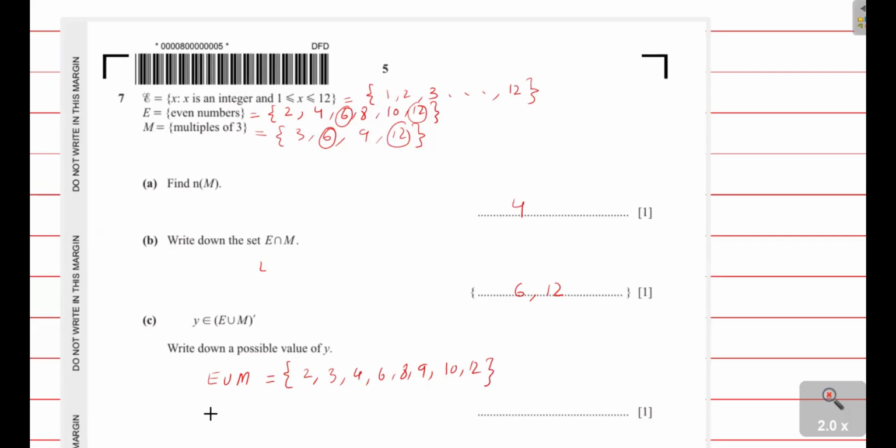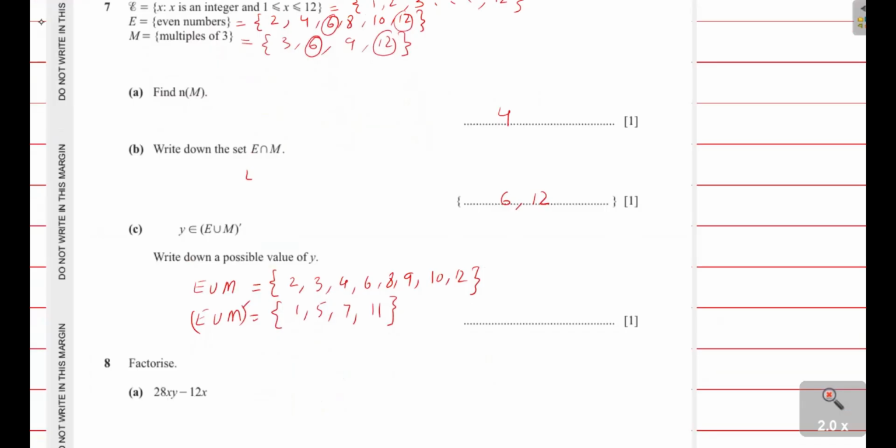And the elements of E union M dash will be the elements of the universal set excluding the elements of E union M. These elements would be 1, 5, 7, 11. These are the elements of E union M dash. Therefore, y belongs to E union M dash, it would be 1 or 5 or 7 or 11. Any one of these elements you can write here.